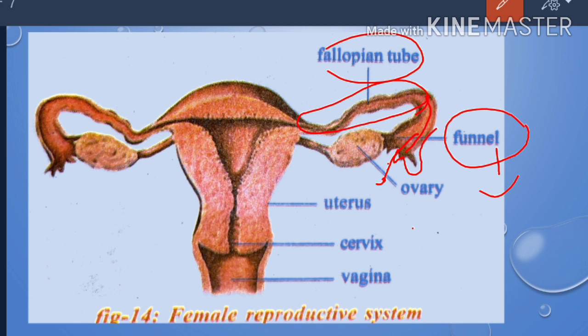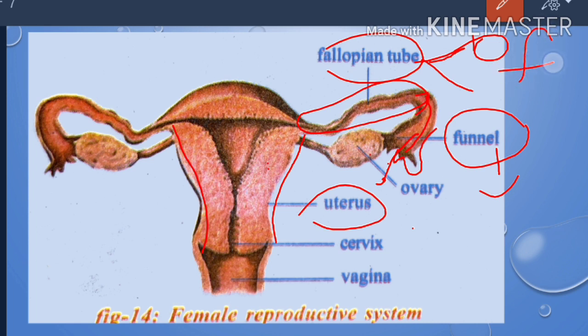Next, the fallopian tube opens into a thick-walled structure called the uterus. The uterus is present in the neighborhood of the ovary. Here we will learn two things about the fallopian tube. One is fertilization. Where does fertilization take place?